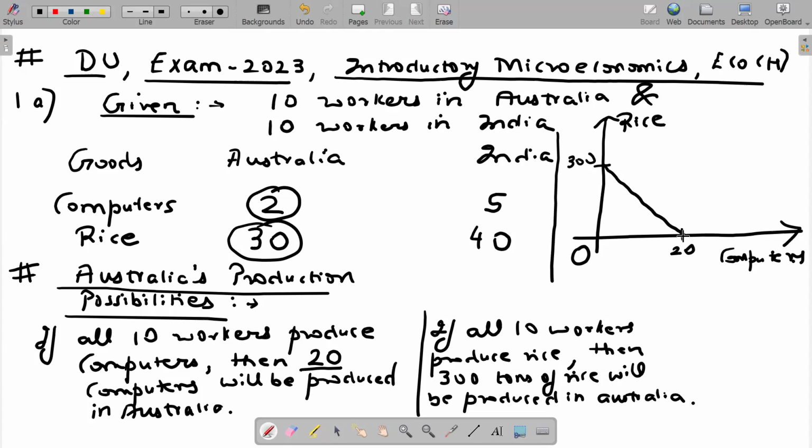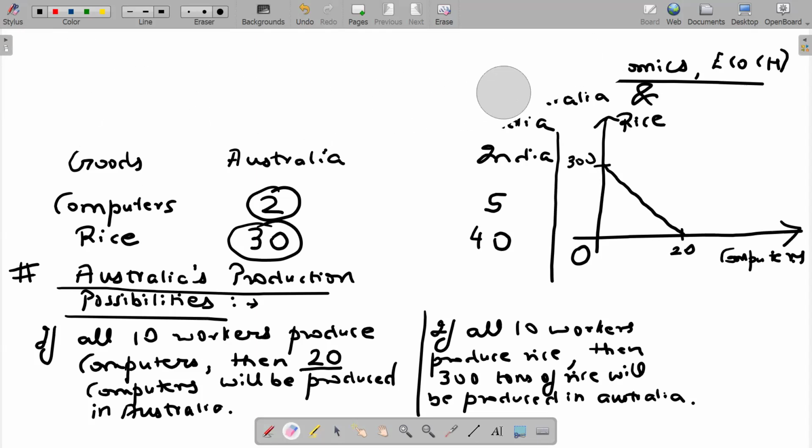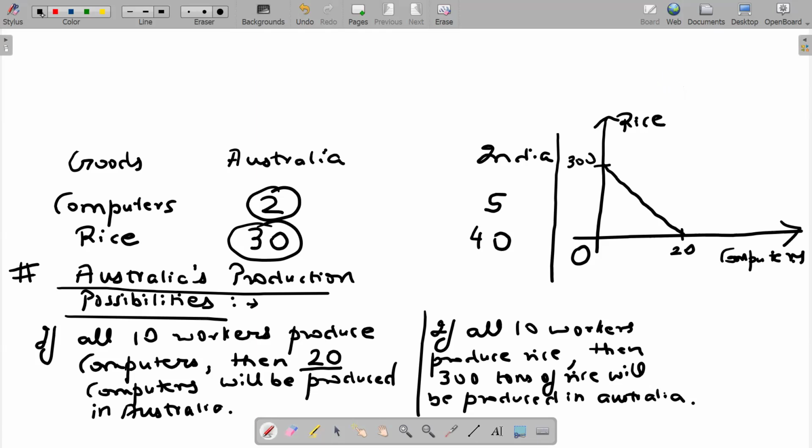What is the slope of Australia's production possibility frontier? I can erase the initial part on the top. Australia's production possibility frontier passes through 2 points.